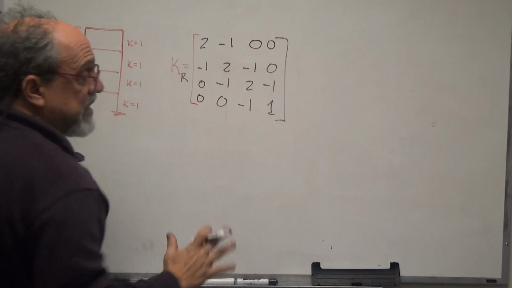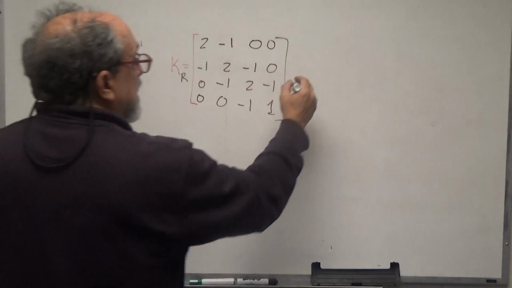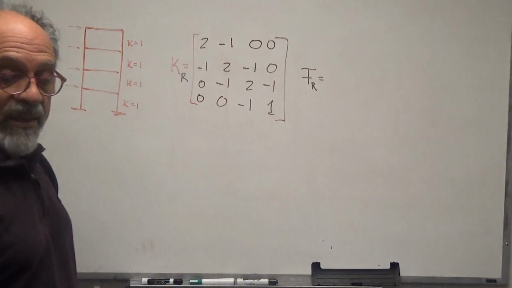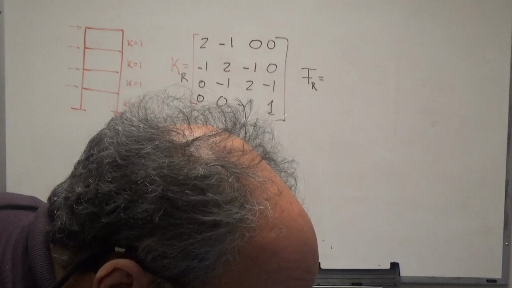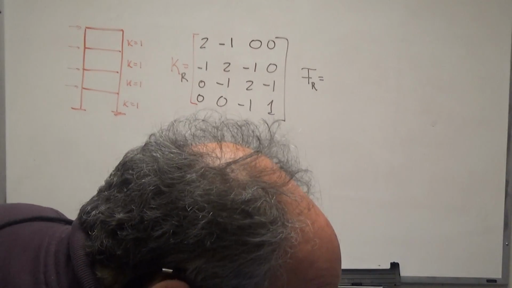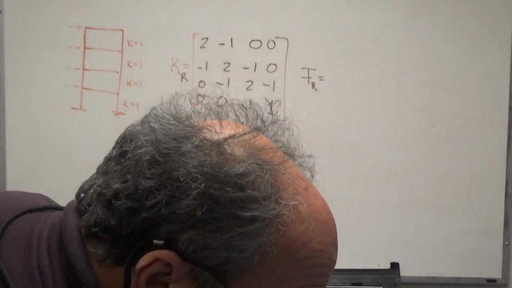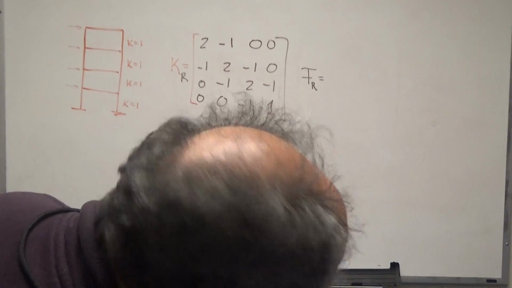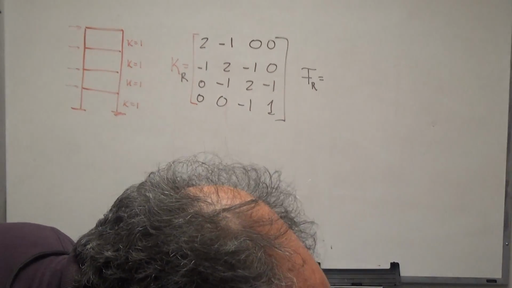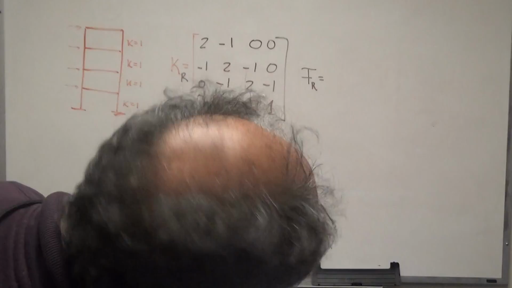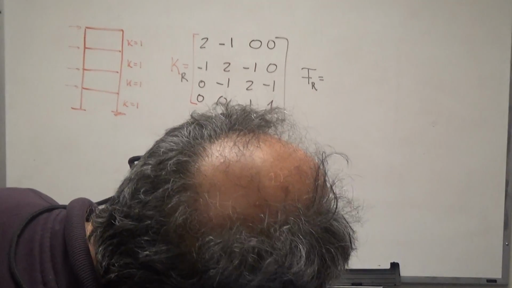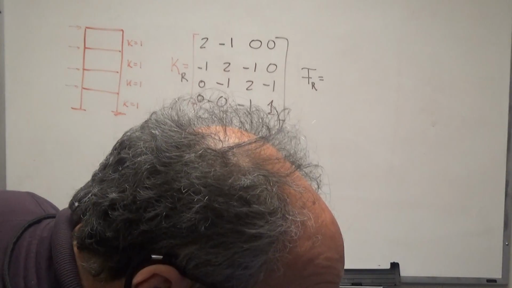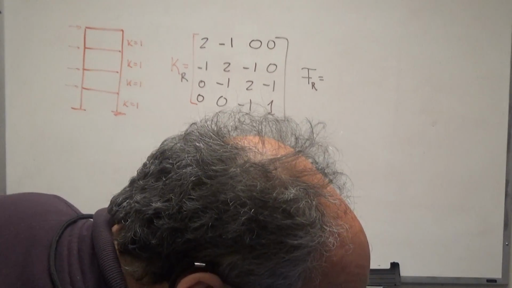Now, I don't know this stiffness in reality, right? What I know is the flexibility, because what I am saying is that the flexibility in the reference state is the inverse of that, and so I'm going to input it right here as 2 minus 1 0 0, minus 1 2 minus 1 0, 0 minus 1 2 minus 1, and my last row 0 0 minus 1 and 1.